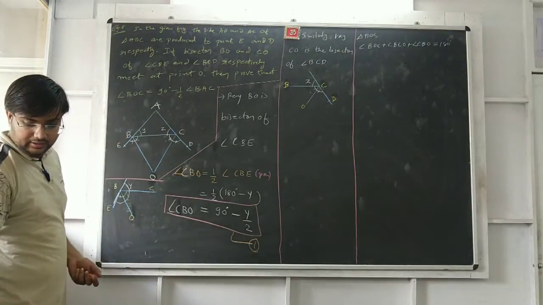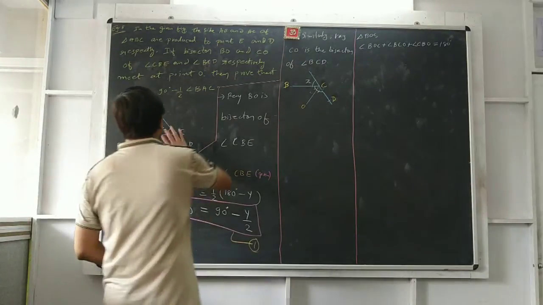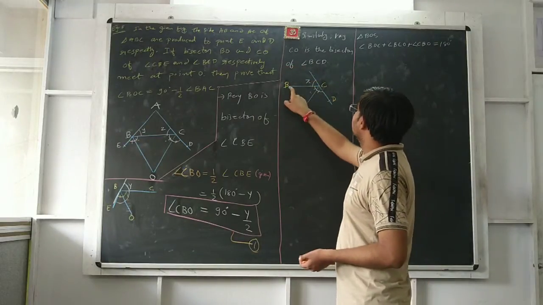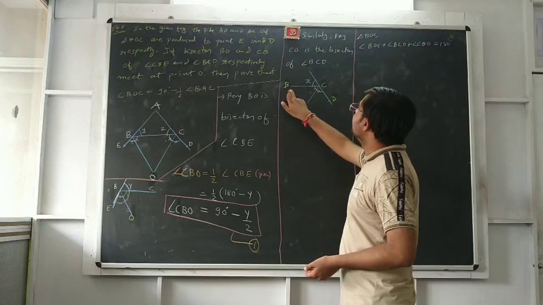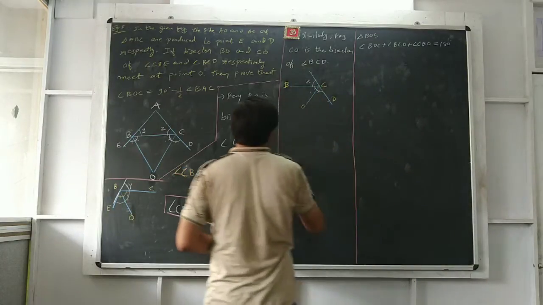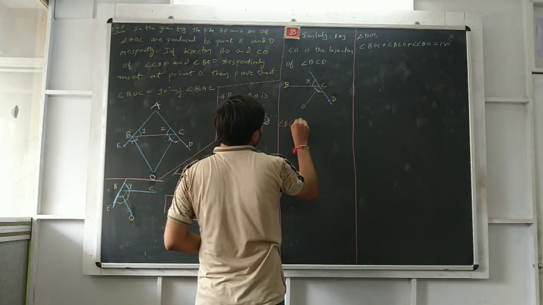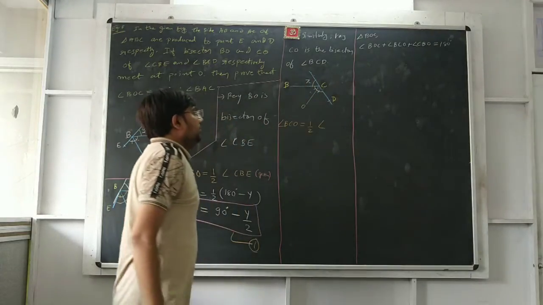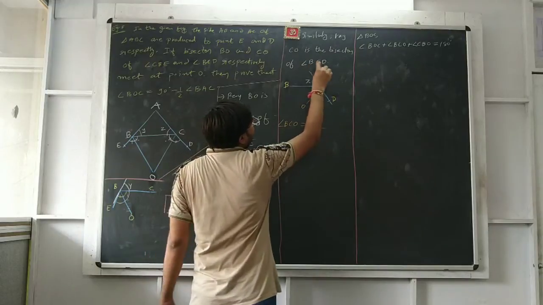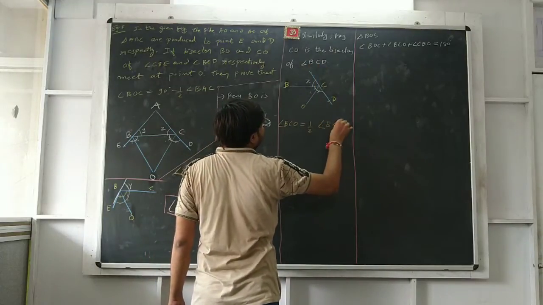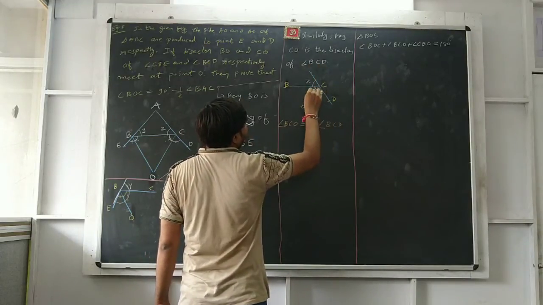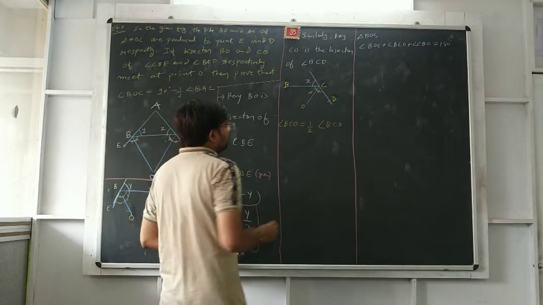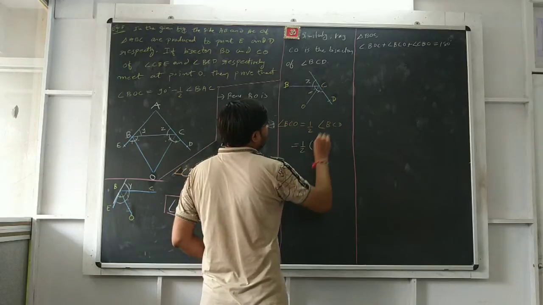Now, similarly, I can do this on the other side. Angle BCO is equal to 1 by 2 angle BCD, since both angles are the same. So BCO is equal to 1 by 2 BCD.